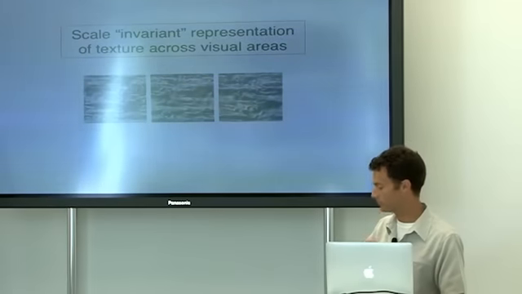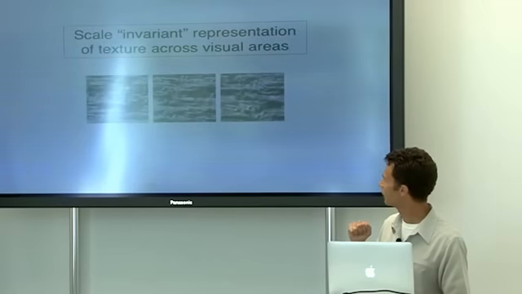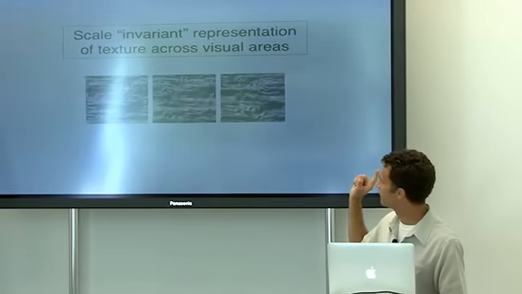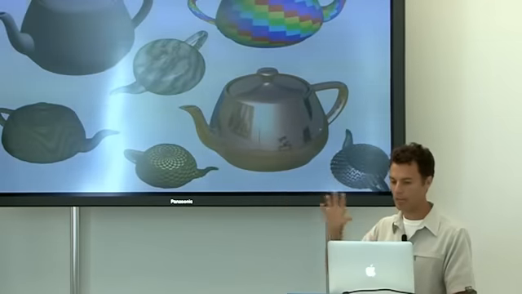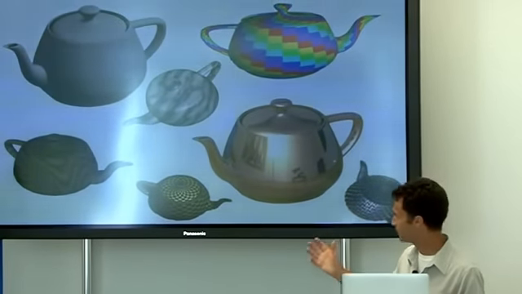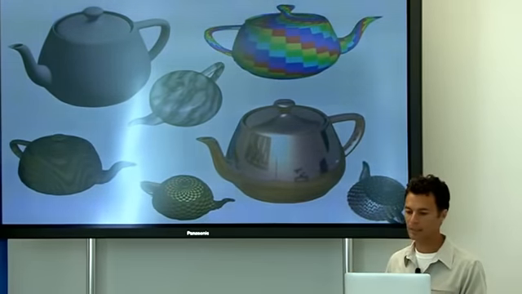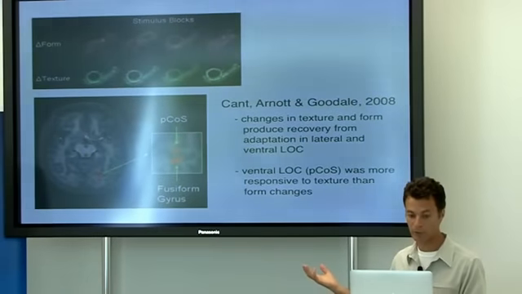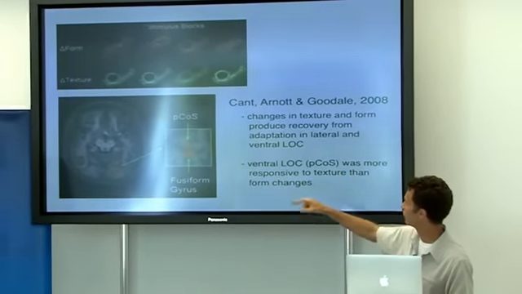And this is in a study that a student named Wesley Kerr conducted in my lab, and that we've just finished now, where we're looking at the relationship between texture and scale. So objects can come in different kinds of textures, right? So it's all teapots, but they have different kinds of surface properties to them. And there have been some studies that have looked to see how variation in texture identity is represented.